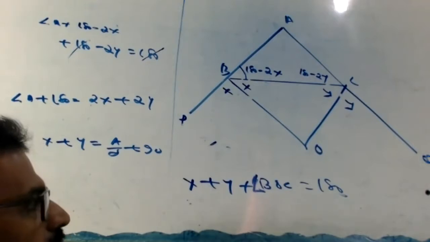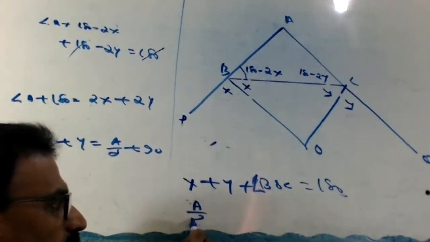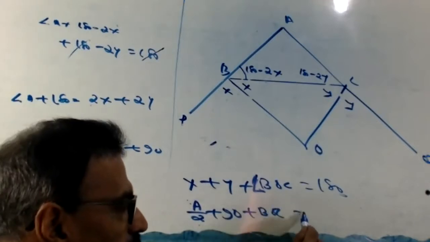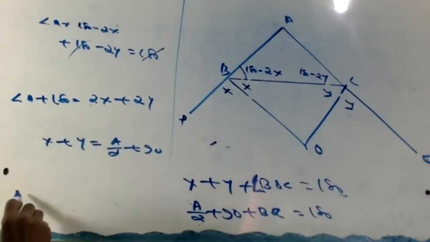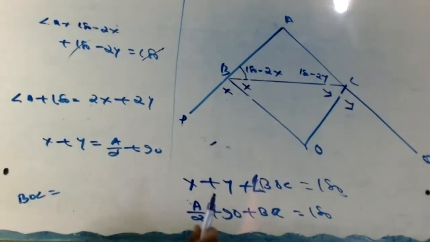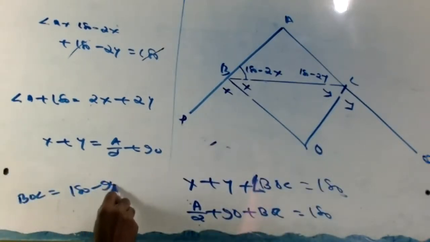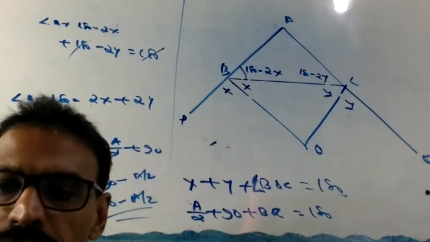So x plus y is A by 2 plus 90, plus BOC equal to 180. So BOC, how much? 180 minus 90 minus A by 2. So 90 minus A by 2.